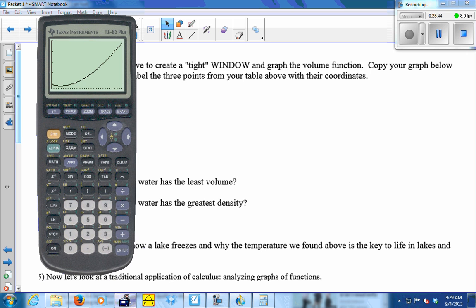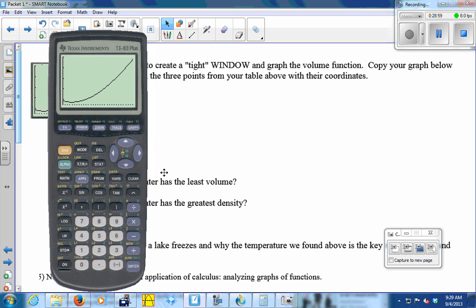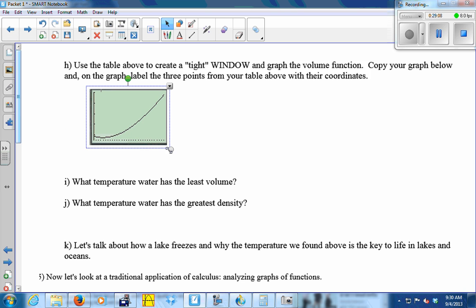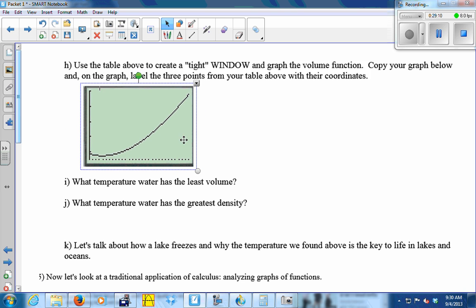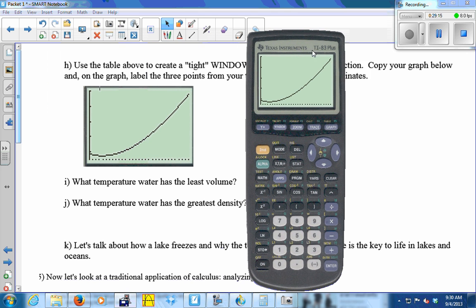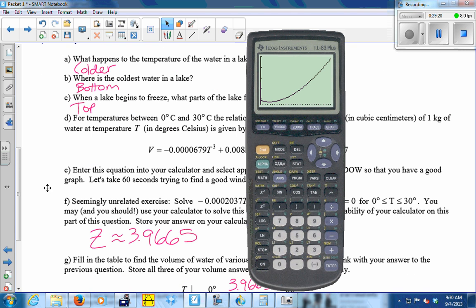Okay, so here's my graph. I'm going to use my calculator to help me find the coordinates at the 3.9665.